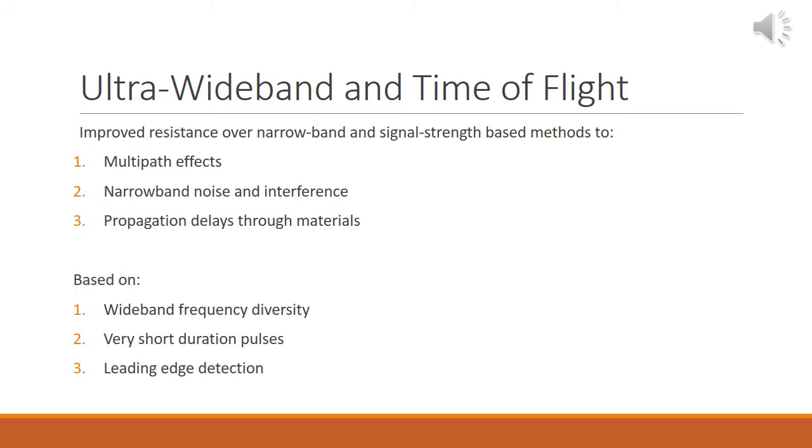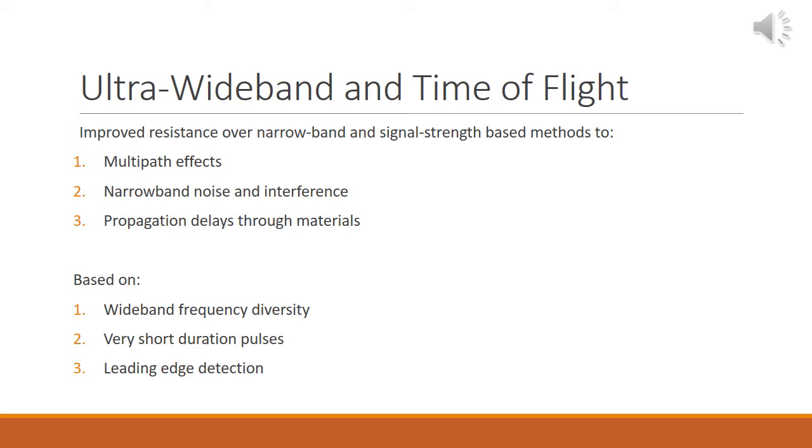I selected an ultra wideband and time of flight transceiver for its improved resistance over a narrowband signal and signal strength based methods. It's more resistant to things like multipathing effects, narrowband noise and interference, and propagation delays through materials.